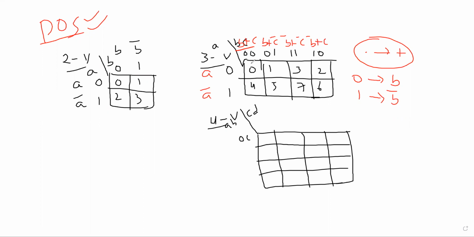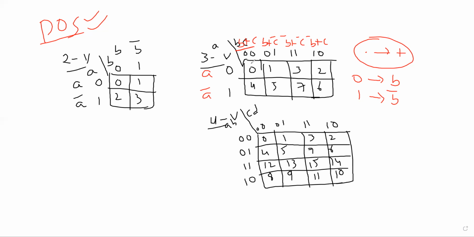Then it will be 0 0, 0 1, 1 1, 1 0. Similarly, it will be 0 0, 0 1, 1 1, 1 0. Now the cell numbers are 0, 1, 2, 3, 4, 5, 6, 7, 8, 9, 10, 11, 12, 13, 14, 15.